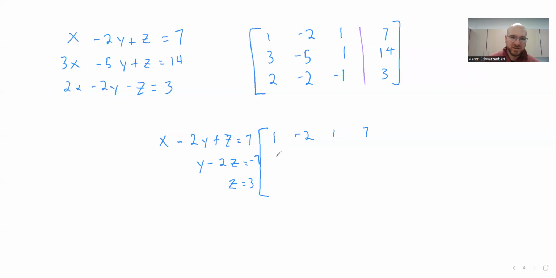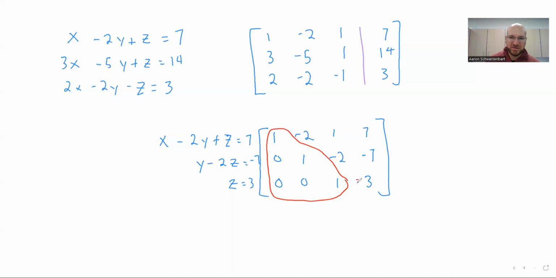So this one right here is a row echelon matrix. I'm going to talk about what that actually means. The key here is these parts of the matrix. Row echelon form. And the key here is I got down to z is 3.